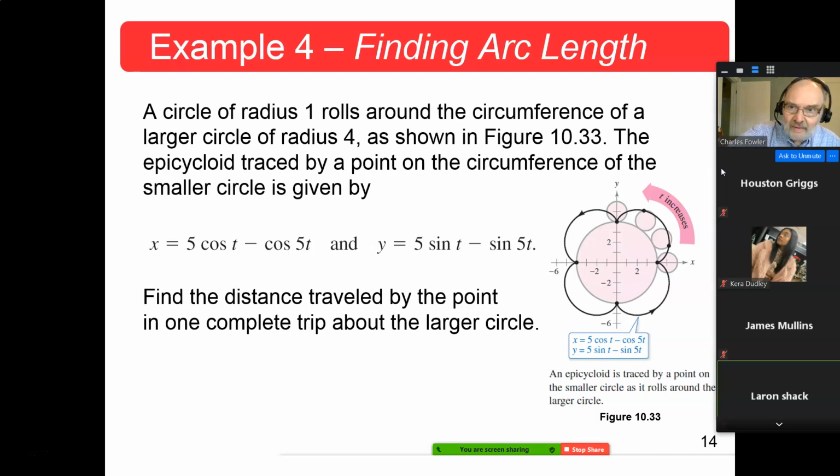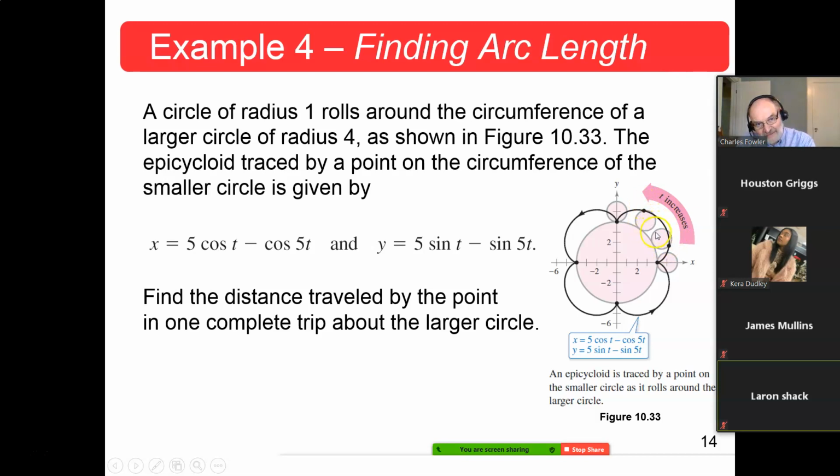Okay. So, the circle of radius 1 rolls around the circumference of a circle of radius 4, shown here. The epicycloid traced by the point on the circumference. So here's a circle, and there's your point. When this thing starts rolling around this way, that point picks up and goes backwards, but the circle is moving this way, so it goes almost straight upward to this point, and then when that turns a little further, it has gone to here.